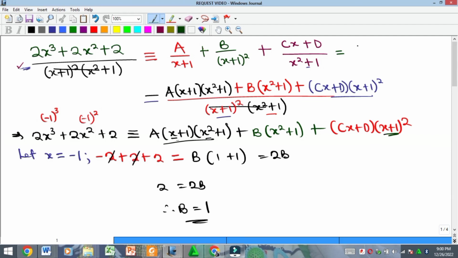Our partial fraction is: a is 2, all over x plus 1; b is 1, all over x plus 1, all squared; and then our c is 0, so the whole of this will turn to 0; and then our d is negative 1, so we have negative 1 all over x squared. And that is our solution. Now, if you like, you can actually join this fraction together. You will definitely get back what we started with.